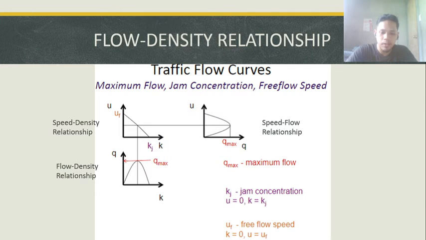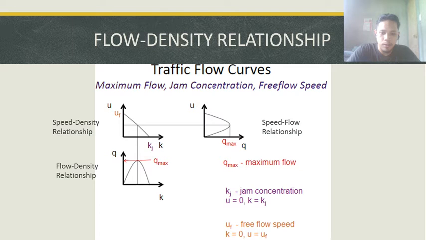As you can see here, Q max means that it has a maximum flow. In the flow density relationship, Q max is located at the mean density. Kj can be located at the end point of K, which is regarded as jam concentration, or the maximum number of vehicles along a line.